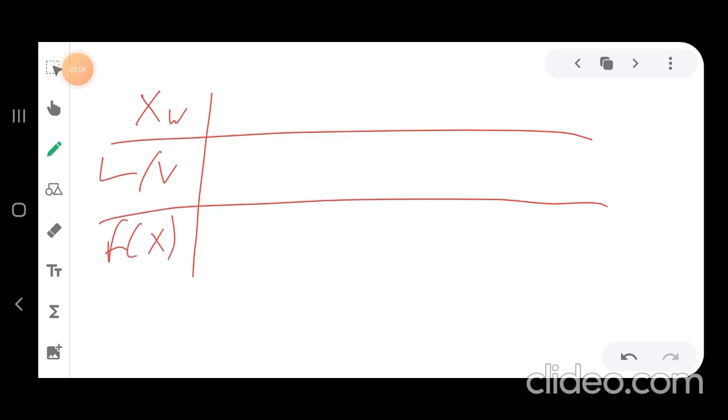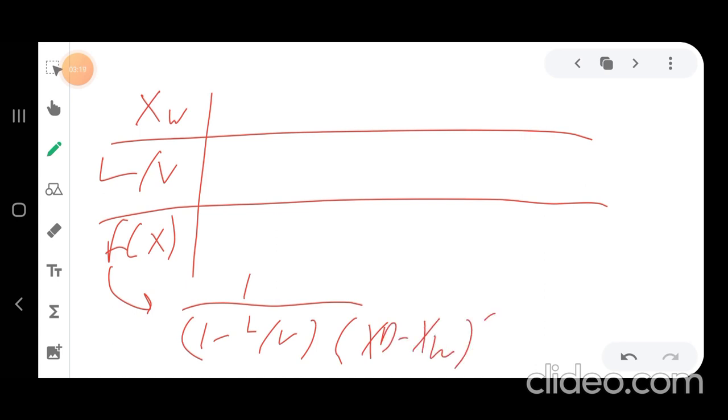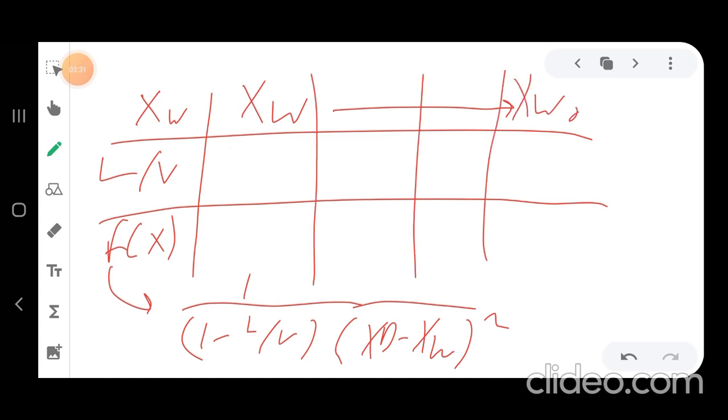This function that you are integrating is 1 minus L over V multiplied by xd minus xw, whole squared. You will take values of xw starting from xw up to xw naught. You will have different values. But the question here is how to get this xw and the slope.